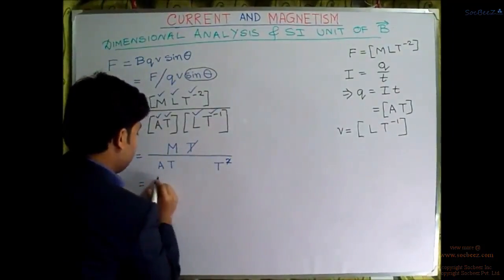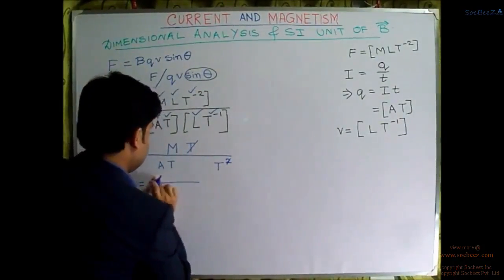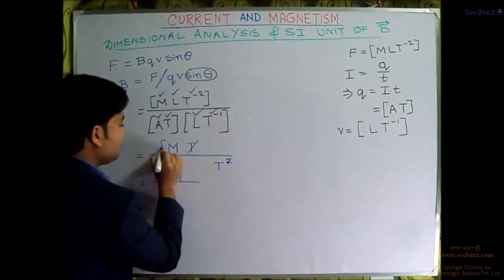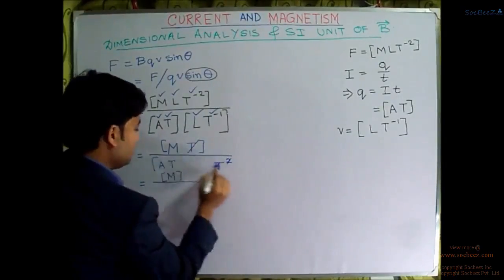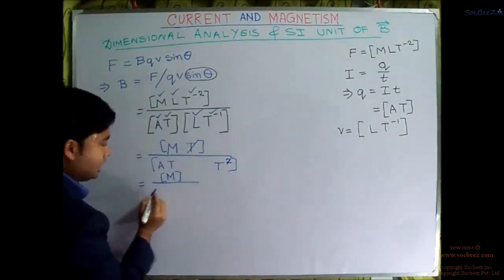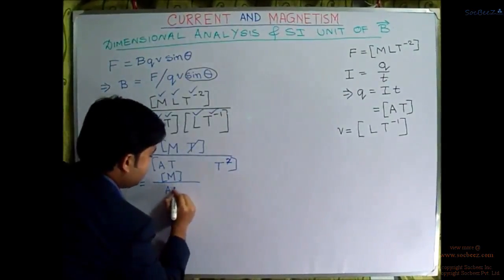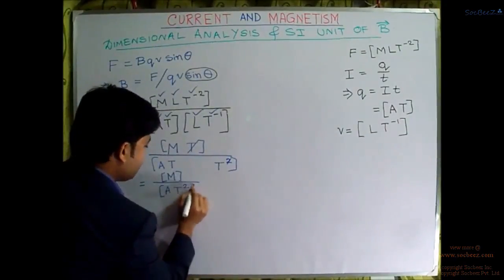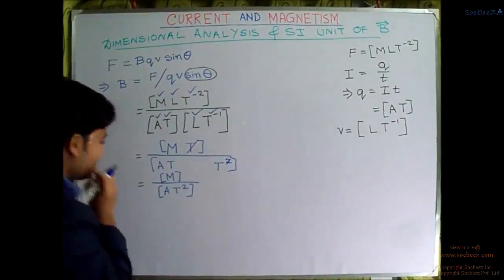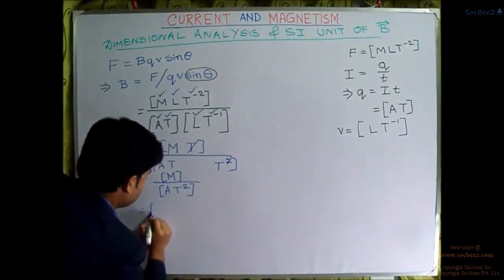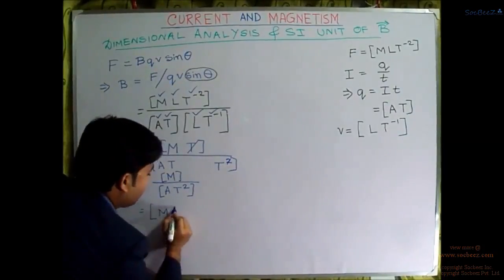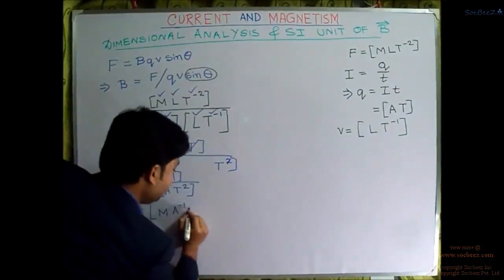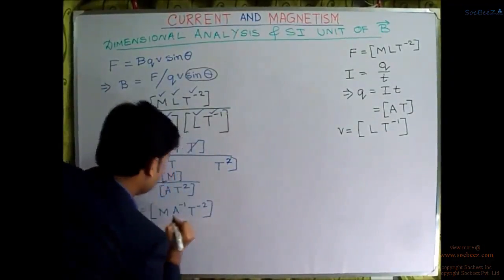So this will come out to be M over A T squared, likewise. So we can write the dimensional formula as M A to the power minus 1 T to the power minus 2.